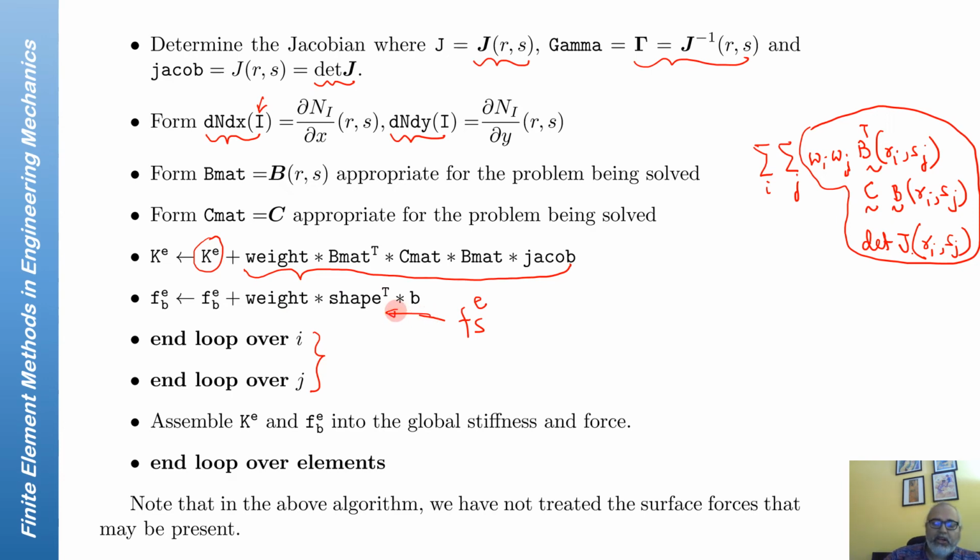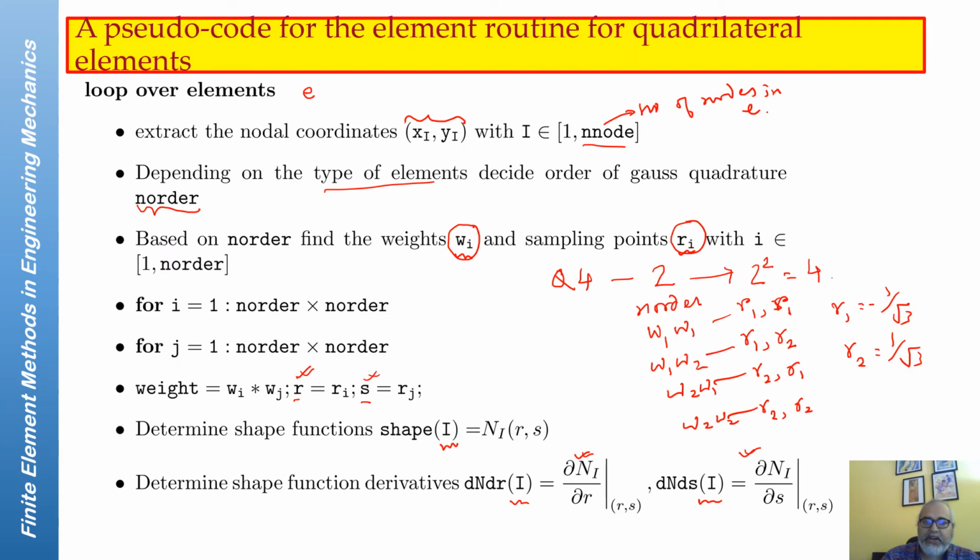Now, in case of triangular elements, these two steps will be different, because for triangular elements, remember that the number of weights and number of sampling points for a particular order of integration are different. And it is 2n minus 1, not n to the power 2.